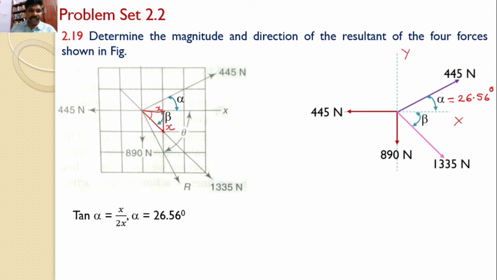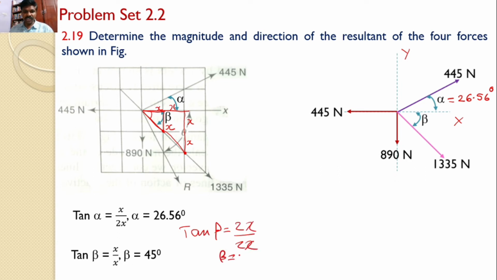Now tan beta is x by x, or beta is equal to 45 degrees. Or you can take another intersect point. If you consider the triangle here, you will also get x and x and x and x. So you will get tan beta equal to 2x by 2x, or beta equal to 45 degrees.